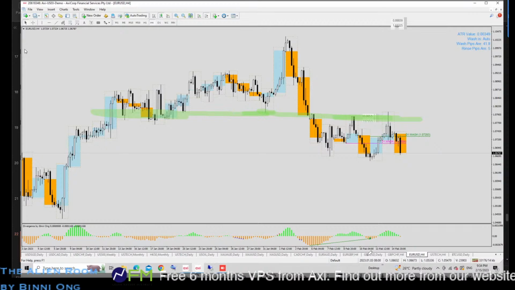So the boxes tell you very easily this is a support resistance. Not only that, it tells you whether this support resistance is strong or not strong. It helps you to quantify the support and resistance.